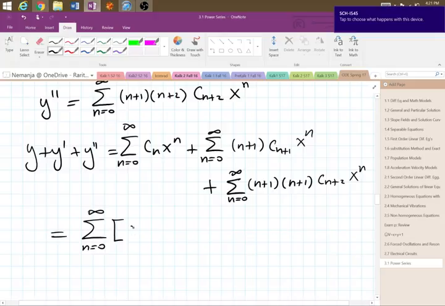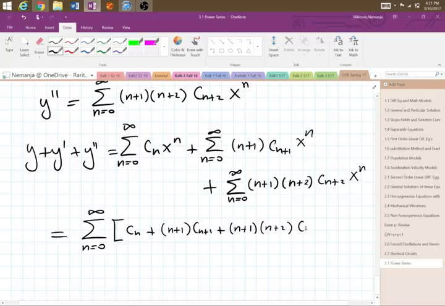So what do I have here? I have Cn plus n plus 1 Cn plus 1 plus n plus 1 n plus 2 Cn plus 2, everything times x to the n. Oops, this is supposed to be a 2 over here. You cannot obviously take x to the n in front of the sum, because the sum operates on n's, and that's the exponent on x.